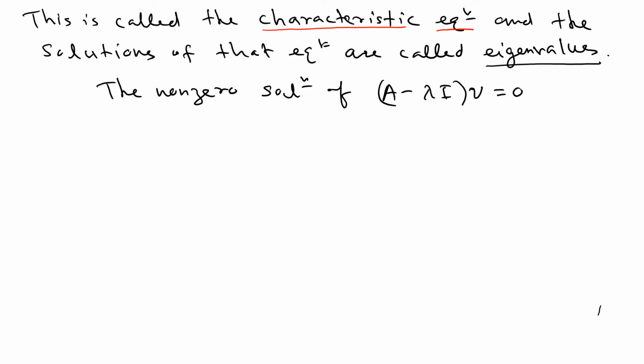So there may be some non-zero solutions, or what we normally call the null space. We try to find the null space. 0 is always a solution, and that's useless. So the non-zero solutions are the corresponding eigenvectors.